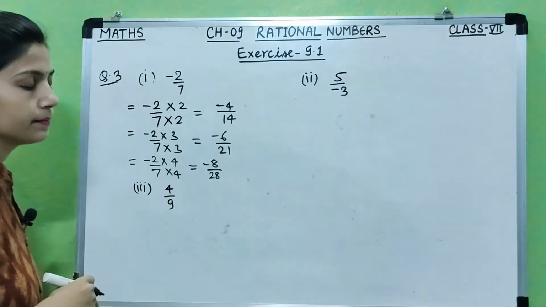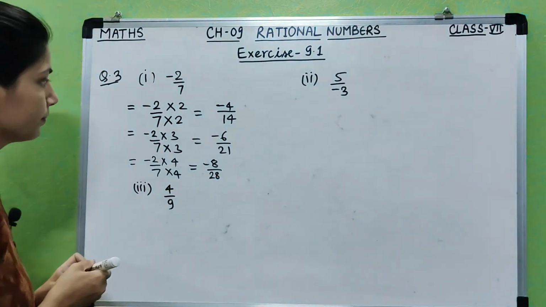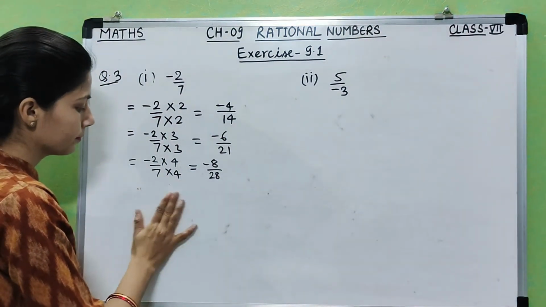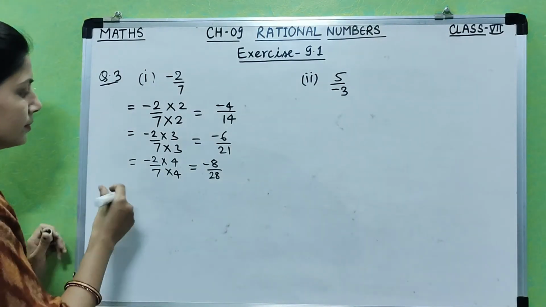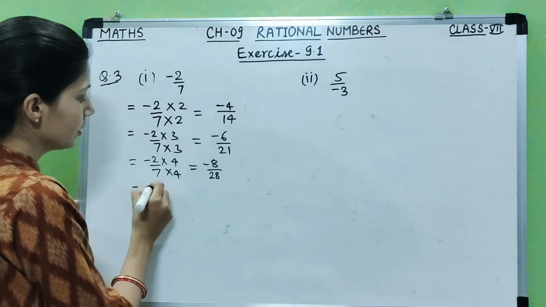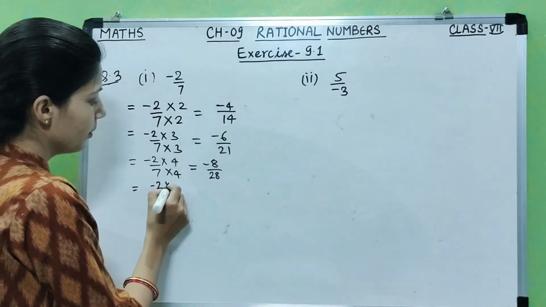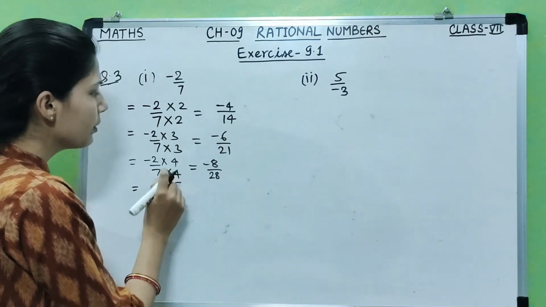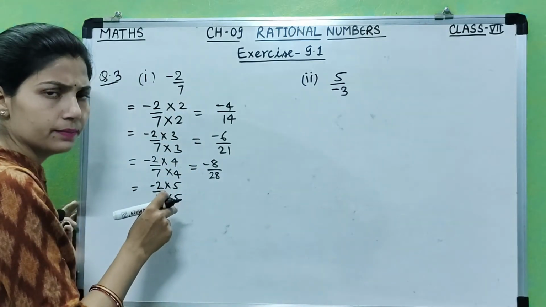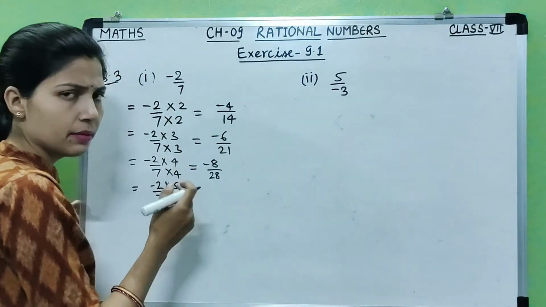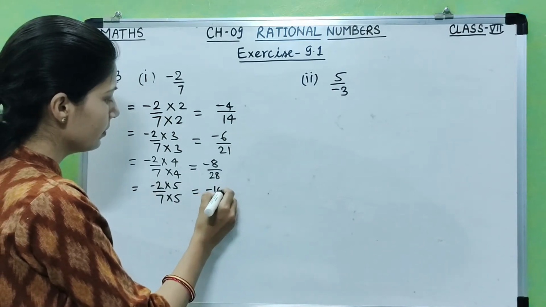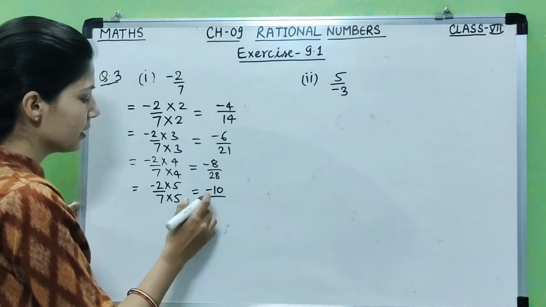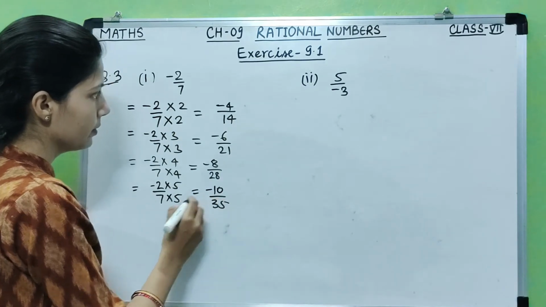28. Okay. And next if we multiply by 5, you can multiply by any number. Okay. These can be negative as well as positive. So 5 into -2 is -10 and 7 5s are 35. Okay.